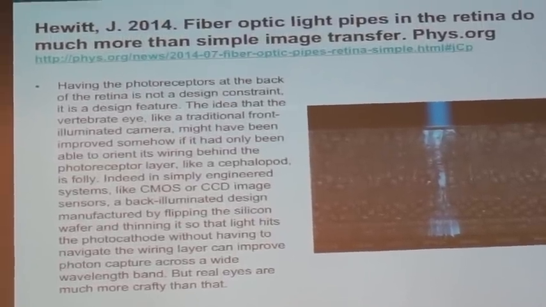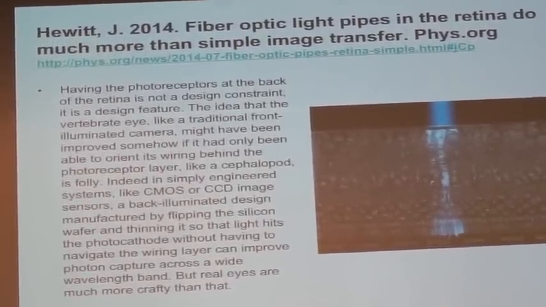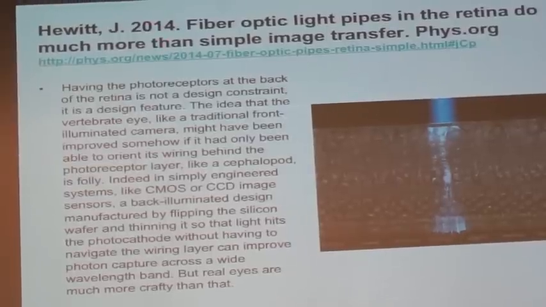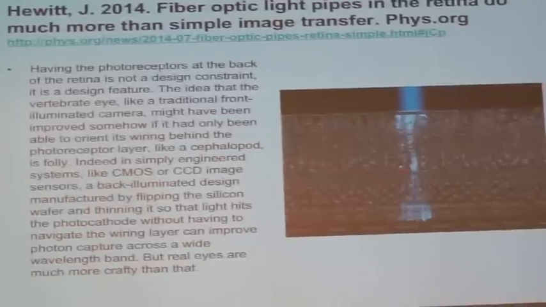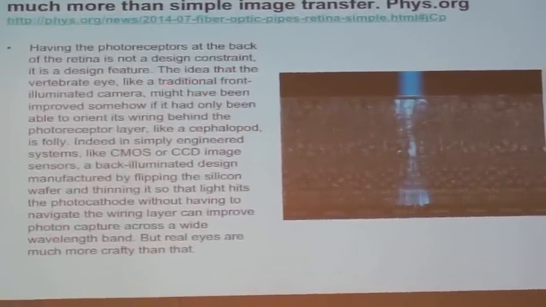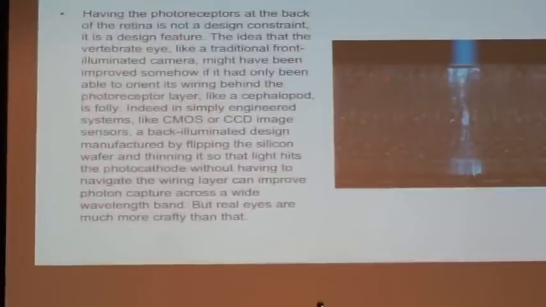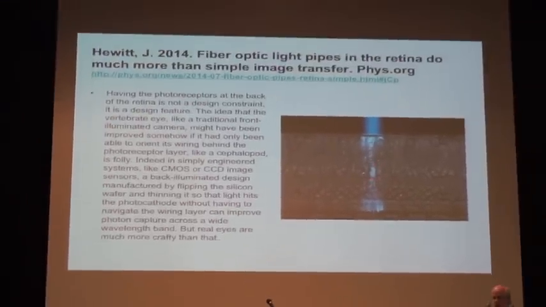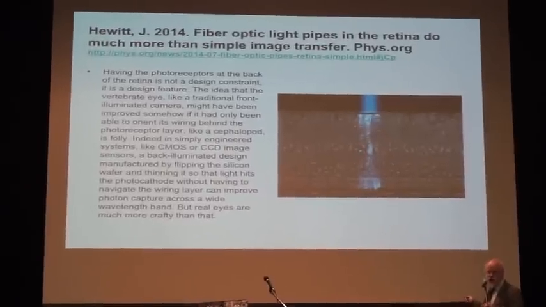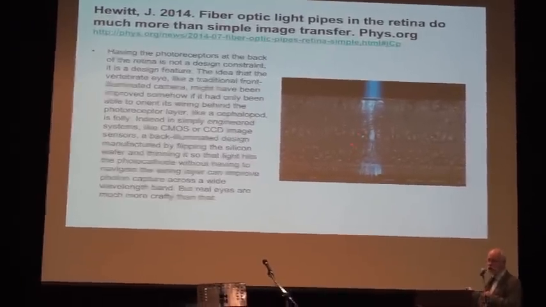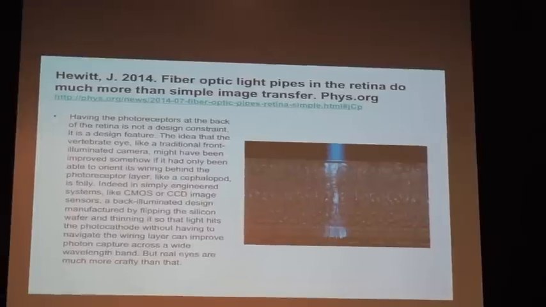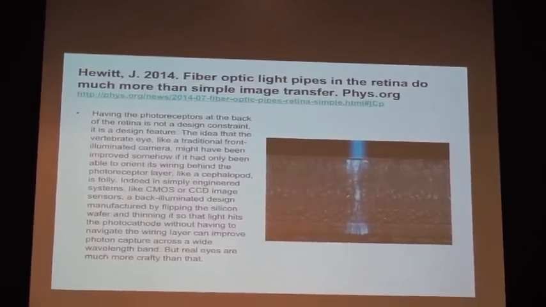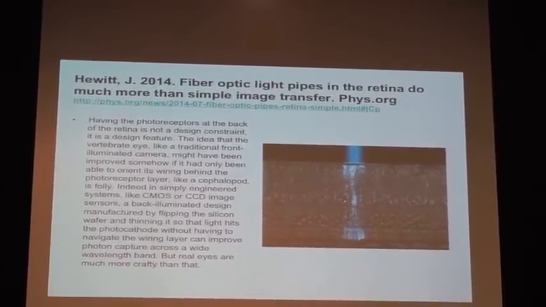And they say that's a poor design. But recently, it's been discovered that the cells of the retina act as light tunnels, and they can funnel light down towards the retina, so that this phenomenon doesn't even exist, the one that they were worried about.